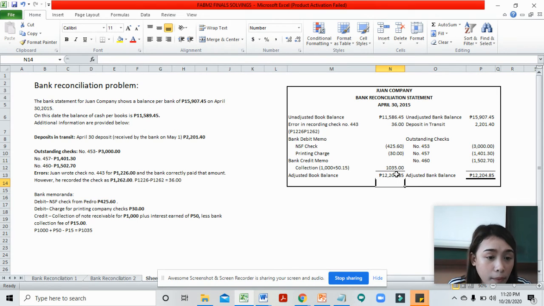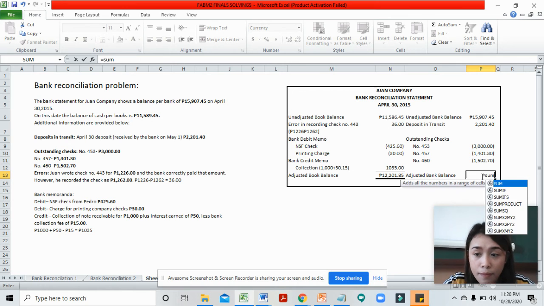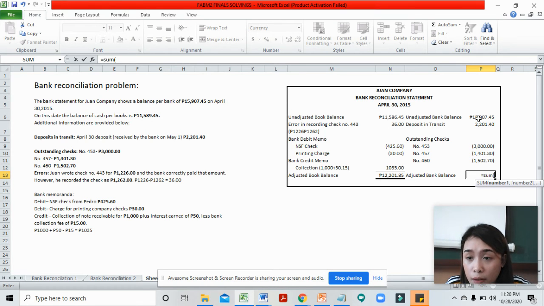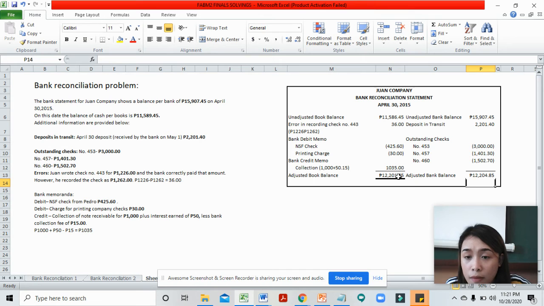Wait for a moment. Supposed to be 1. How about this one? Okay, for a moment. Sum of the following given. I think there is something wrong with this one.